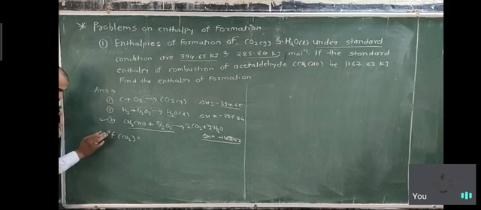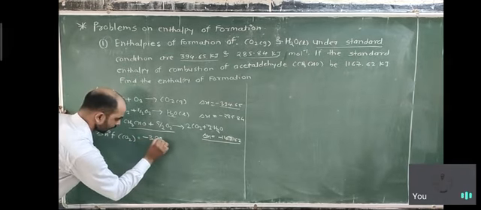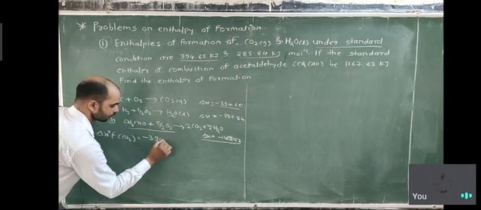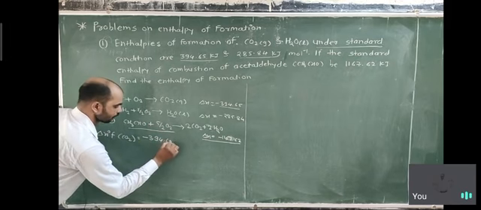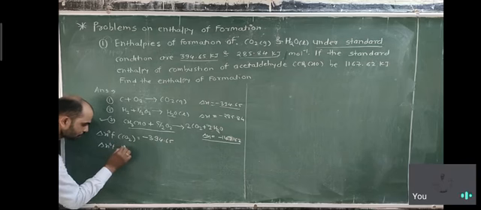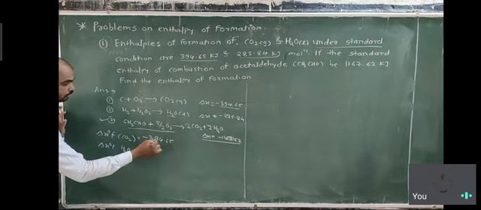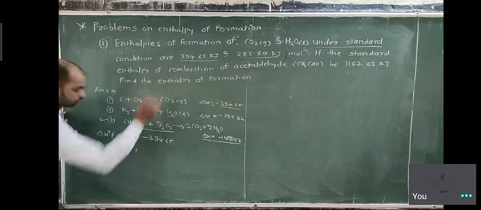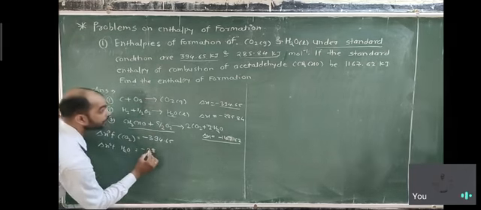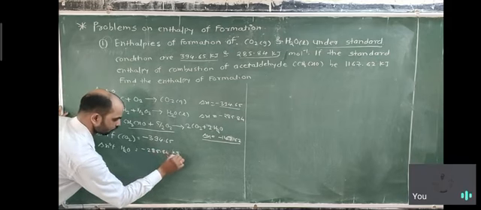The standard heat of formation of CO2 is given as minus 394.65, the minus sign meaning energy is evolved. The standard heat of formation of H2O is given as minus 285.84 kilojoules per mole.